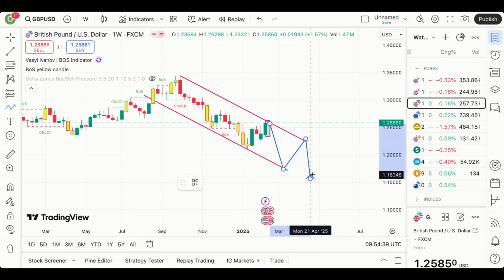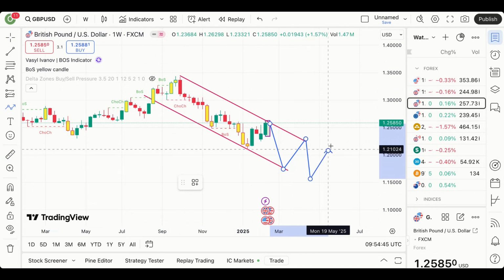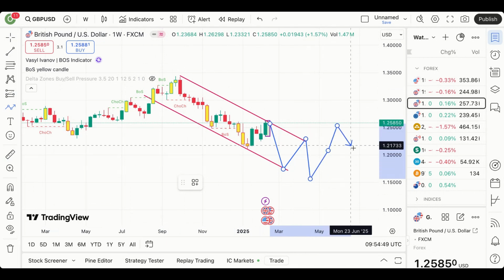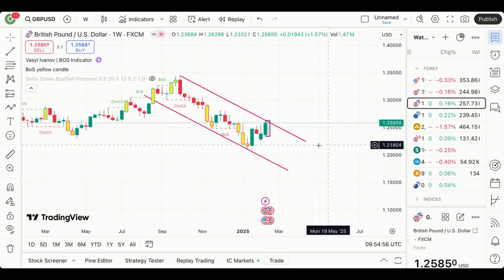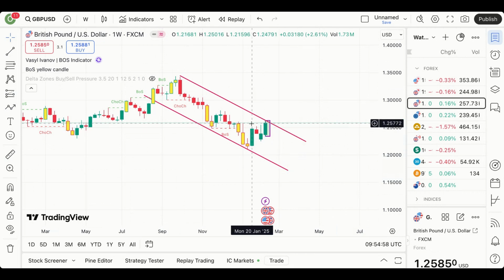And how would you know if it changed? It's when it forms a double bottom here and starts trending up this way, and now it has changed pattern. So it's quite easy if you follow my strategy of analysis.